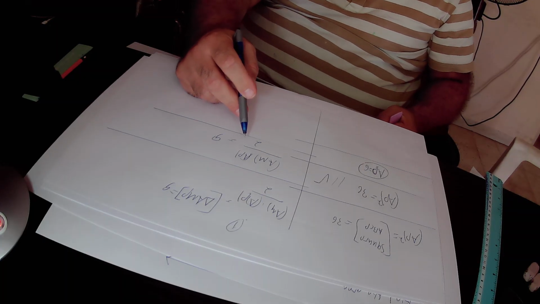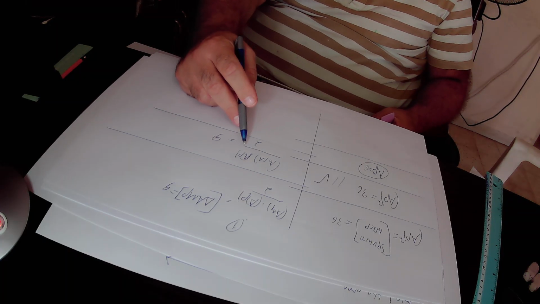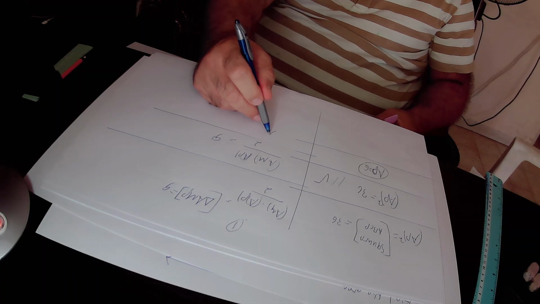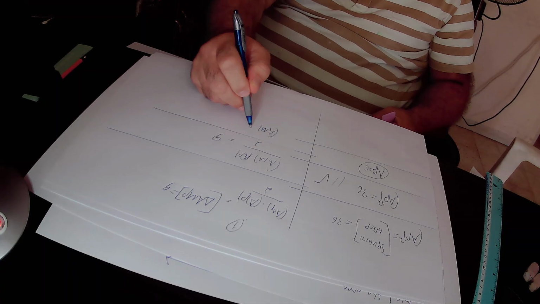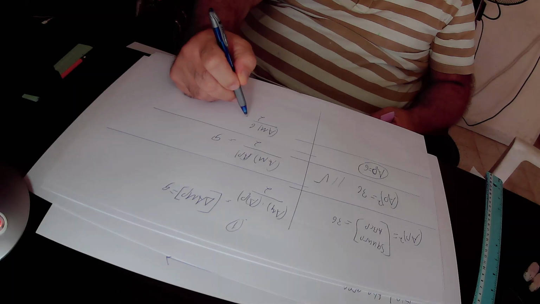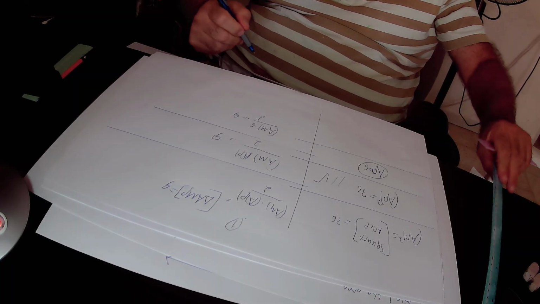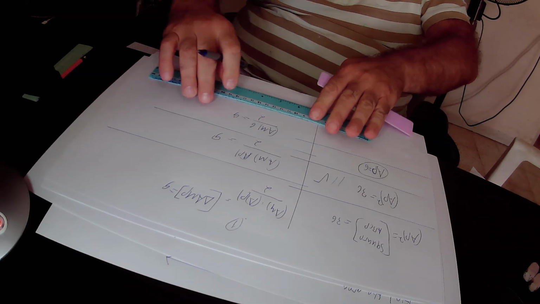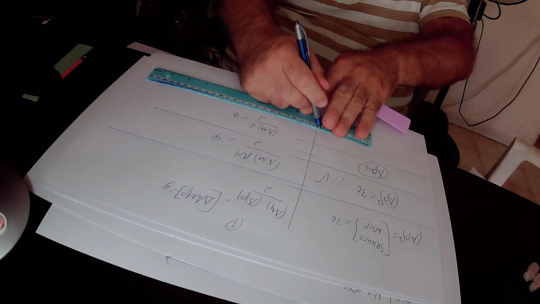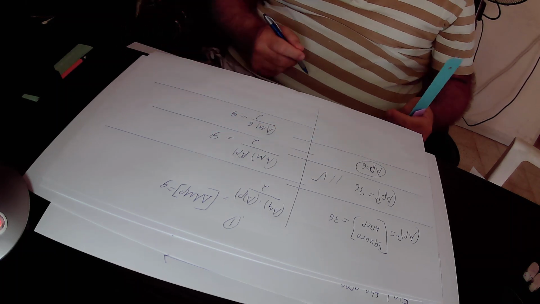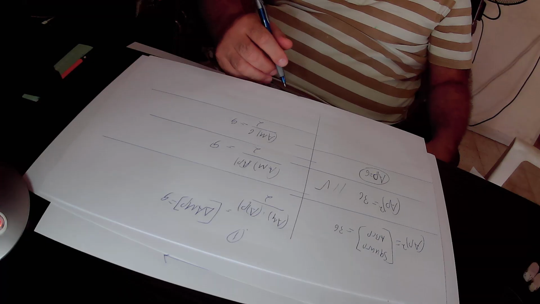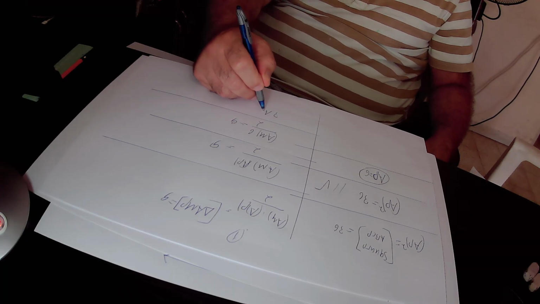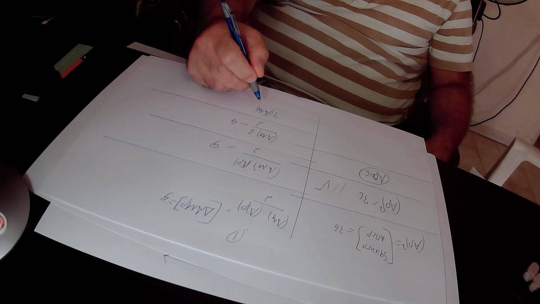AP equals 6, so we substitute AP by 6 in this side of the equation, and we get that AM times 6 over 2 equals 9. 6 over 2 is 3, so 3 times AM equals 9.